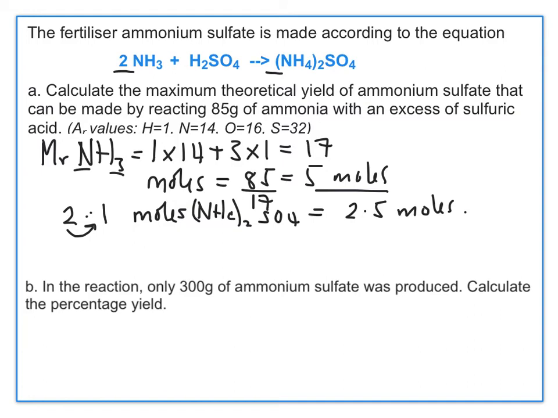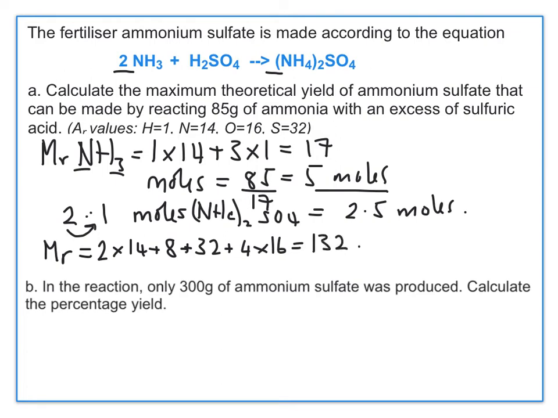So my final stage is to convert moles to mass, and I rearrange my mole equation, so mass equals moles times MR. So I now need to work out the MR of ammonium sulfate, and that is 2 nitrogen atoms, so 2 times 14, plus 8 hydrogen atoms, so 8 times 1, plus 1 sulfur, so 32, plus 4 oxygens, 4 times 16, and I'm going to have to put that through my calculator again, and it gives us 132.